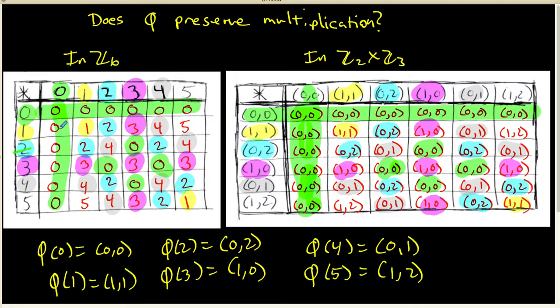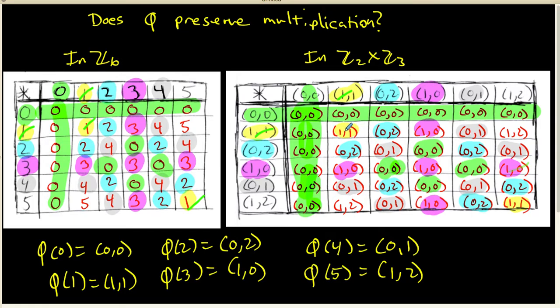The blue 2s are in the same places in both tables. And the purple dots are in the same places. And the yellow dots are in the same places.